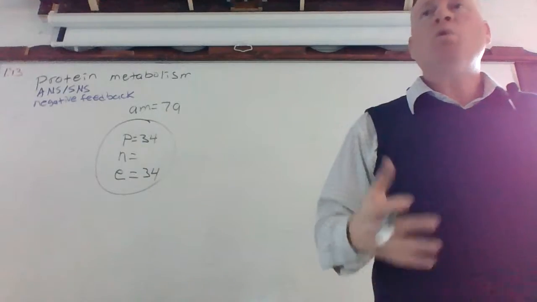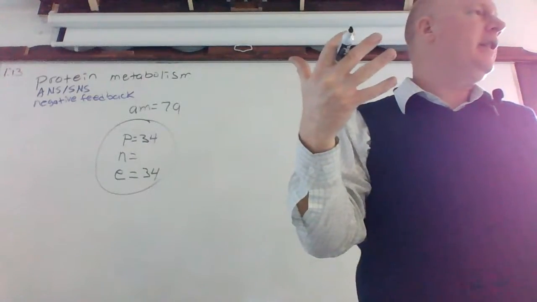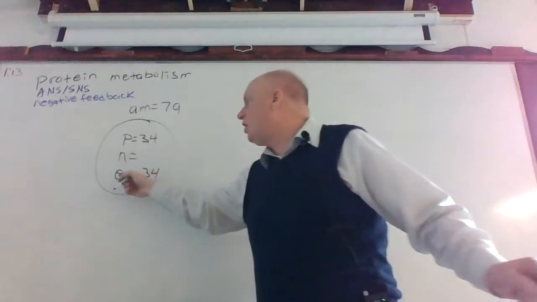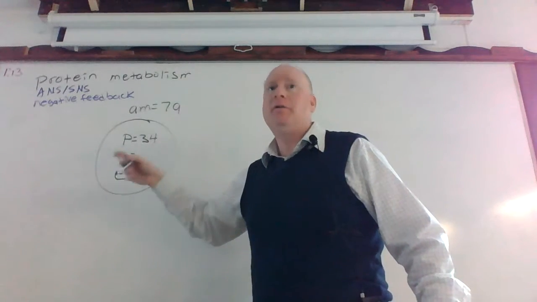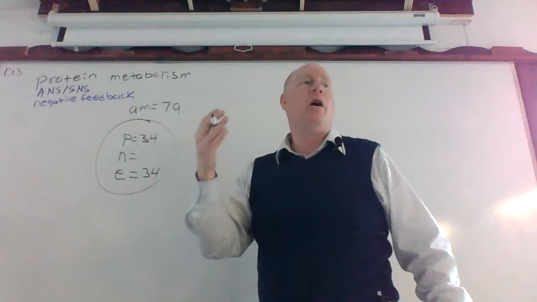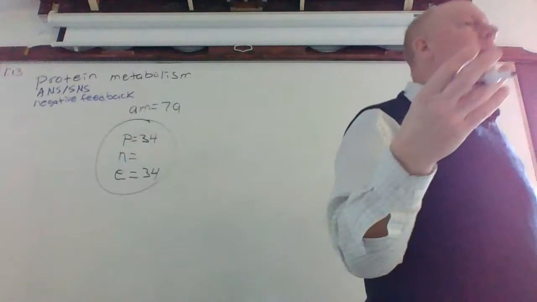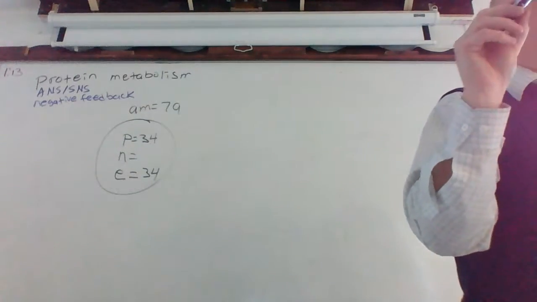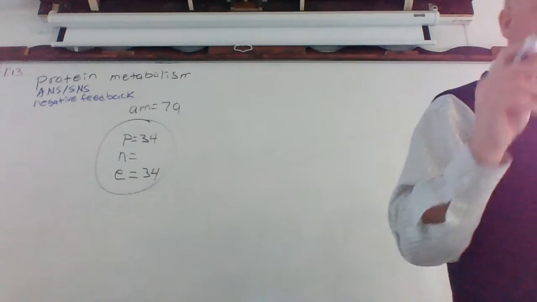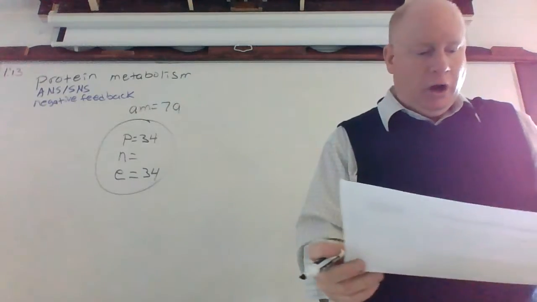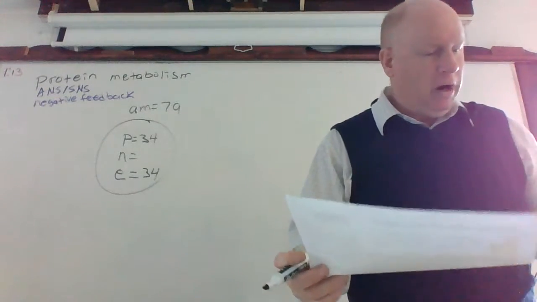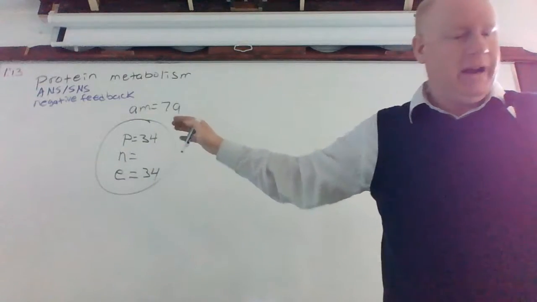Now, when you say negative 34, yes, that's correct, but we're just talking about a charge, not a value. That'll make sense when we get further on into this curriculum. Again, it's a charge. It's not a value. And don't worry, we'll come back to this.